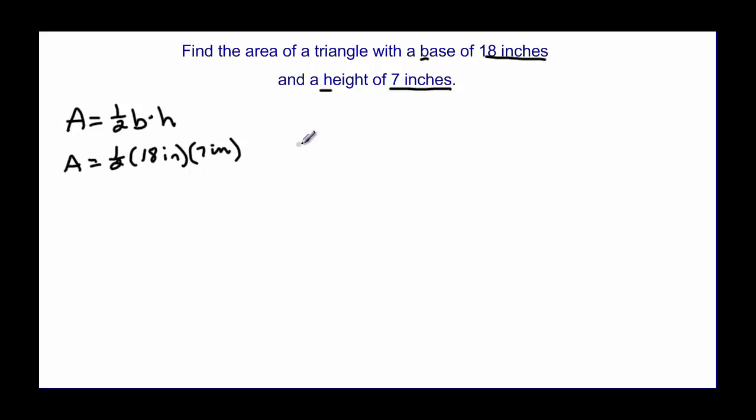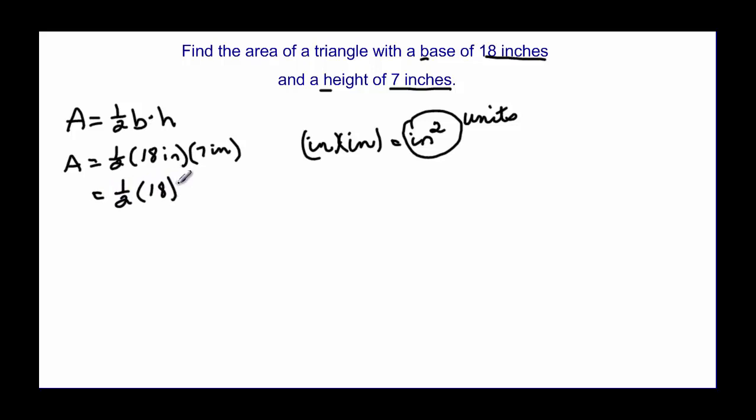So I need to figure out what that is. Well, we are talking about multiplication here. And so that means inch times inch when I'm thinking about my units. And remember, when you multiply the same thing over and over again, we can use an exponent. And the exponent tells me that I have 2 factors of inches. So inches squared is going to be our units. So now that we know what the units are going to be, we can really just rewrite this as 1/2 times 18 times 7.